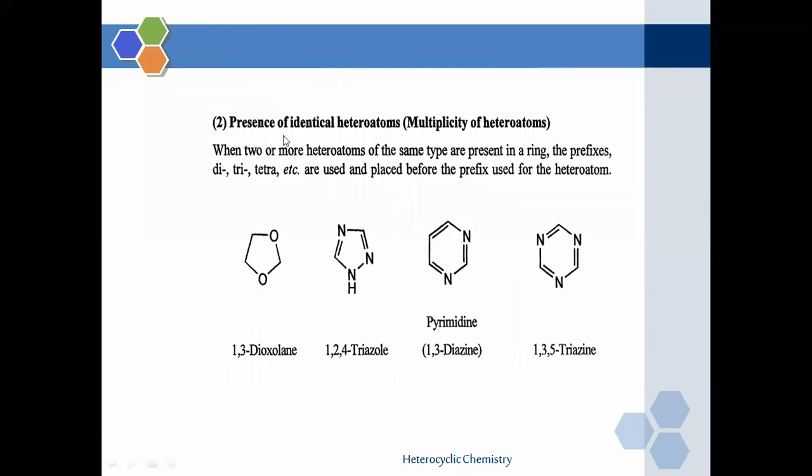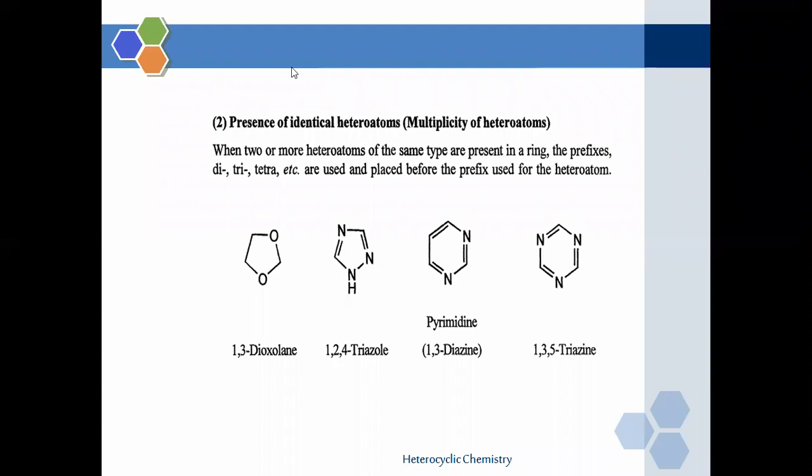Our rule number 2 is the presence of identical heteroatoms. That is multiplicity of heteroatoms. This we have discussed. Again, we will discuss in depth. When 2 or more heteroatoms of the same type are present. We have seen some of the examples in which different heteroatoms are present.